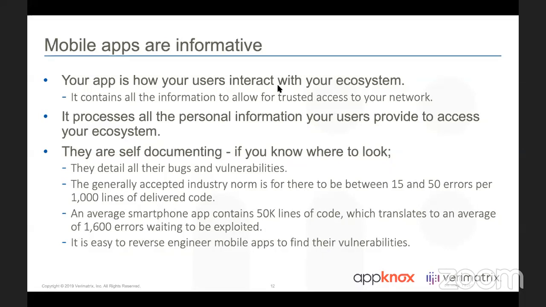And that means on an average smartphone app, there's over 1,500 errors sitting there waiting to be exploited. And okay, a lot of those errors are minor, they'll never come up in practice. Those that do are probably more functional than security, but it only takes 2 or 3 security-related bugs to be in the software for an attacker to be able to exploit them.